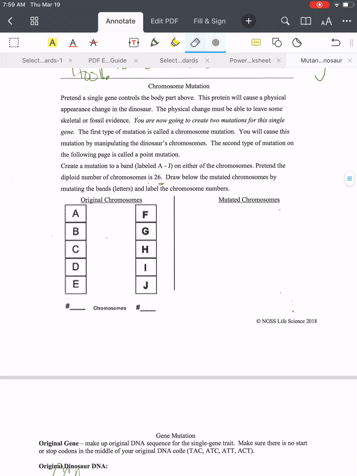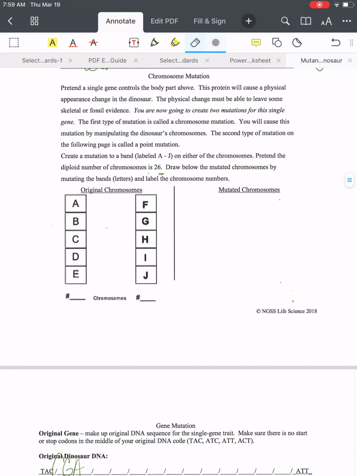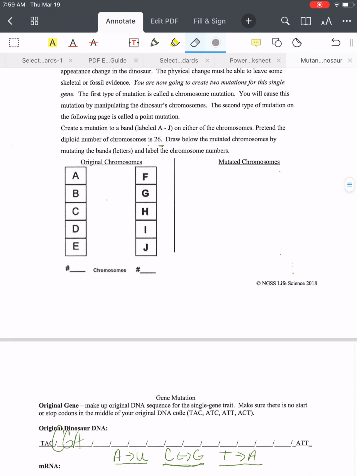The first part that might be a little confusing would be your chromosome mutation. We did some of these chromosome mutations. It says there are 26 diploid pairs of chromosomes. So let's say this is chromosome 1 and this is chromosome 2. You could duplicate B, you could delete B, you could invert C and D, or you can translocate some of your genes.